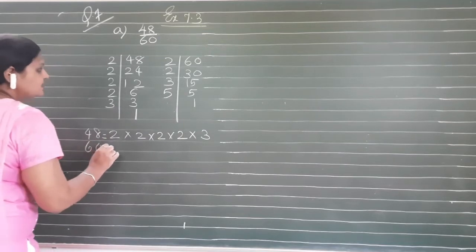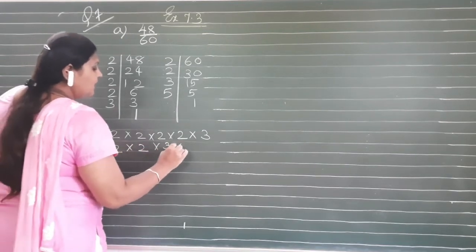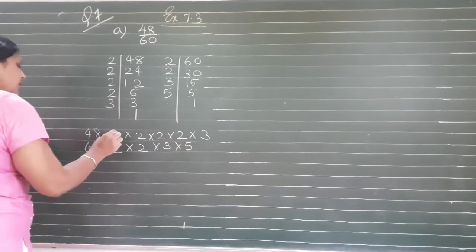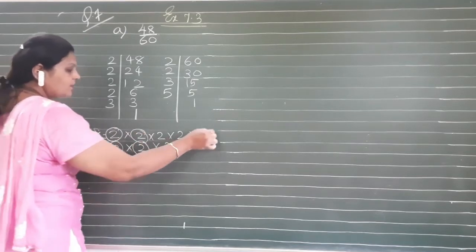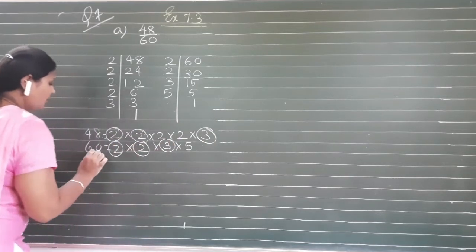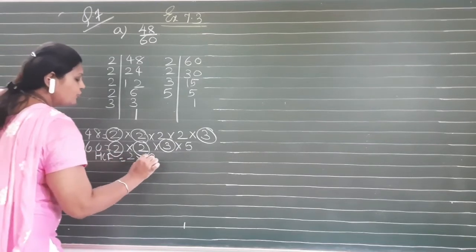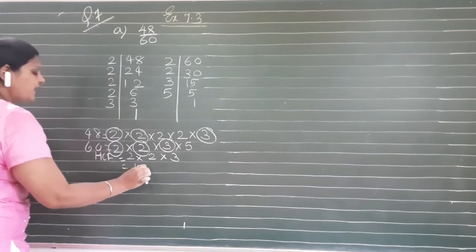Same way, 60 equals 2 into 2 into 3 into 5. Here we have 2 and 2 common, 2 and 2 common, 3 and 3 common. So the HCF will be 2 into 2 into 3. 3 2s are 6, 2 6s are 12.